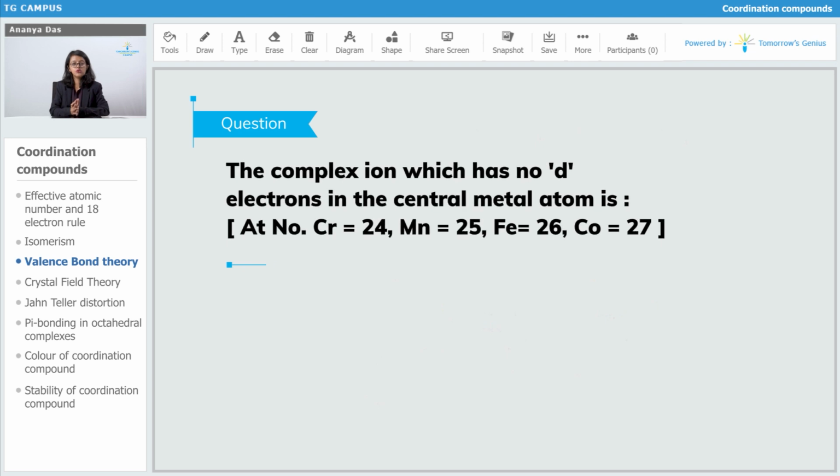Next we come to a question. The question asks: the complex ion which has no d electrons in the central metal atom is, and it gives you a bunch of options. Let's see the first option. For these types of questions, first you need to calculate the oxidation number, and from the oxidation number you need to calculate how many electrons are present in the d orbital.